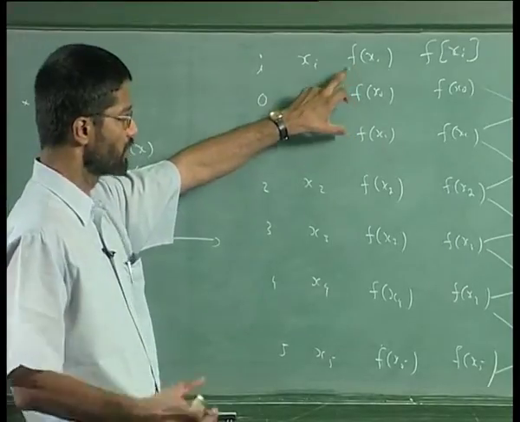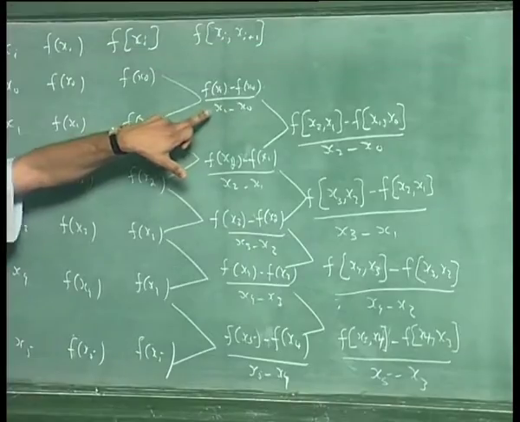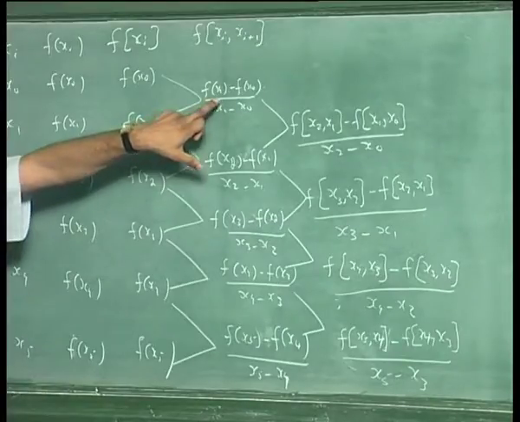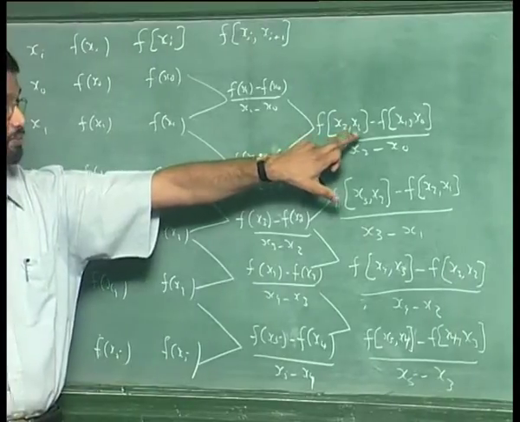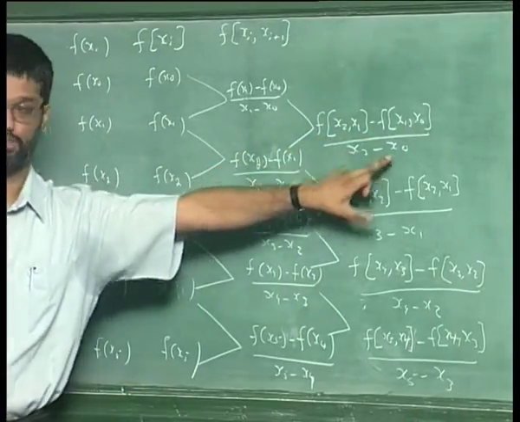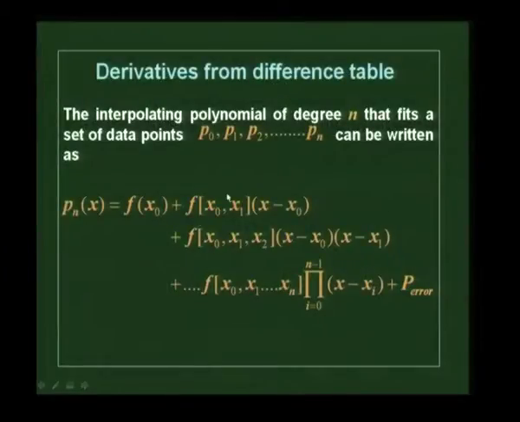The first term would be just f of x0, and the coefficient of the next term would be f of x1 x0, and then f of x2 x1 minus f of x1 x0 by x2 minus x0, and then down that way. So that is what we have written as this term here. So this is actually entering the difference table at the top.